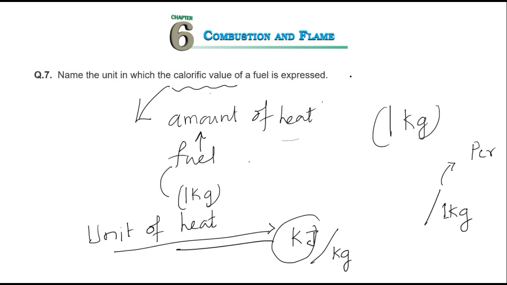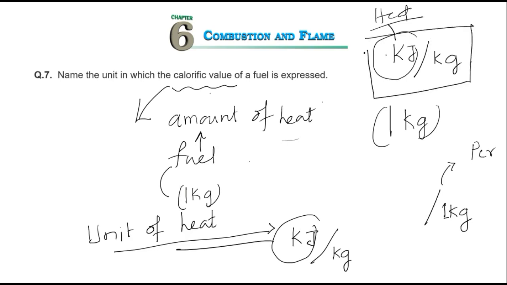Together it is kilojoules per kg. Let me tell you once again, kilojoule is the unit of heat, that is energy, because heat is a form of energy, and this much heat is coming out for every kg, and all together that is the unit of calorific value. So please remember, unit of calorific value is kilojoules per kg.